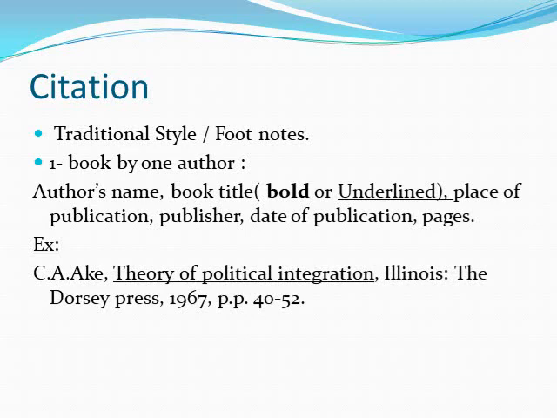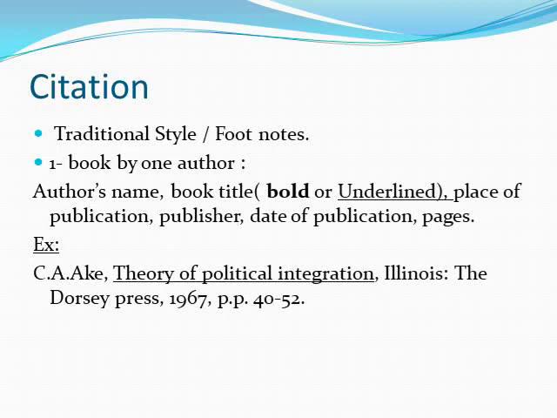So first of all, we are going to write author's name. After that, the book title underlined or bold. After that, the place of publication. After that, the publisher. After that, date of publication. And finally, pages and full stop. Okay. We can see an example here. CE Ag.